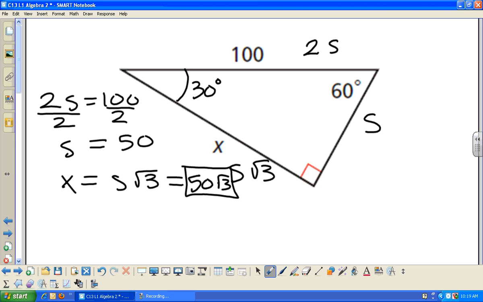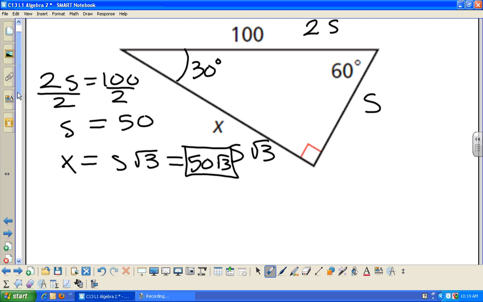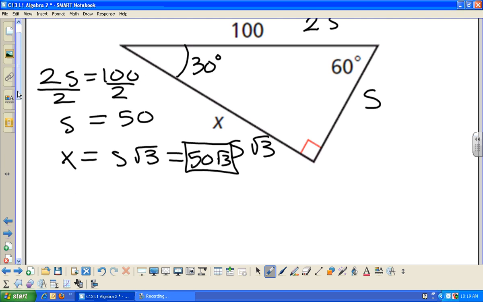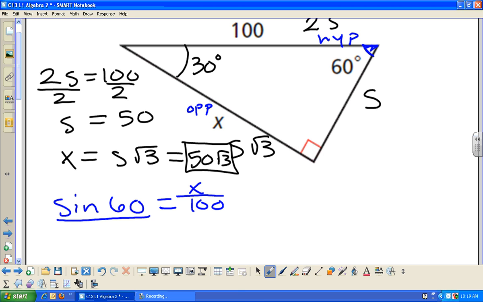Now, if you don't remember to use a 30, 60, 90 triangle, the other way that you could figure this out is I have my angle 60 degrees here, and I have my hypotenuse, and I'm looking for my opposite. So you could also say sine of 60 will be equal to my opposite over my hypotenuse. And here I would cross multiply.